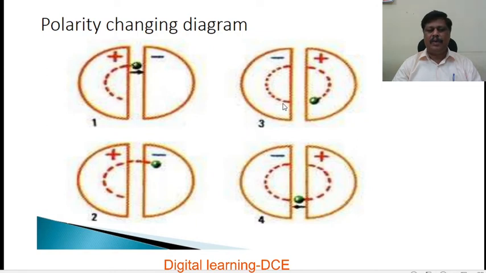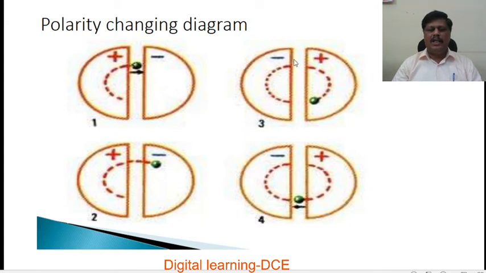Again this negative potential attracts the proton and it gets accelerated. So at every half cycle, the proton gets accelerated by the negative potential.